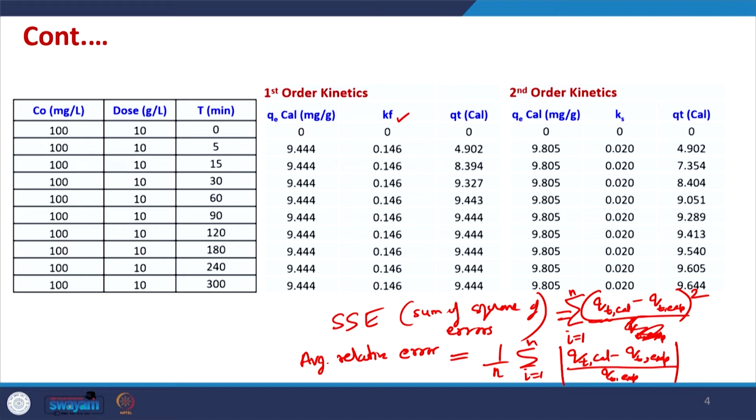So, that any negative error and positive error do not cancel each other. So, we can find out average relative error, also called as ARE.